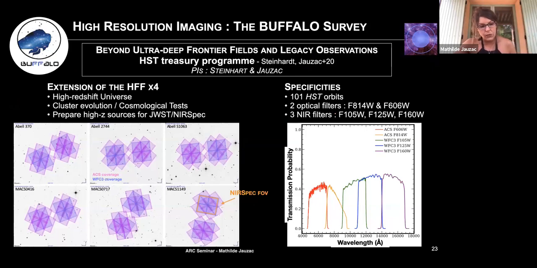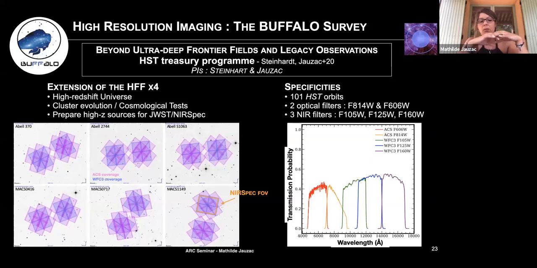Anyway, we were concentrating on the strong lensing for now, but I cannot give a talk without talking about BUFFALO, so I'm sorry for the acronym in advance, even though as one of the PIs I should assume it, but I do not. BUFFALO is a large HST program that we got awarded back in 2018. If you remember what I was saying about the Frontier Fields, it is 6 clusters, and only the core was observed, but extremely deep.